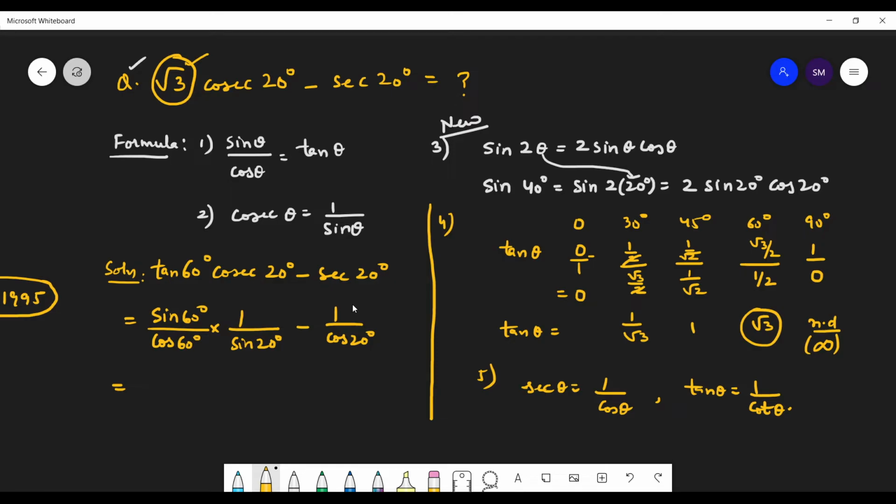Now if you have a case in which this is your R and this arc length, let me make it somewhat bigger. Now what happens if this length of arc is also equal to R?